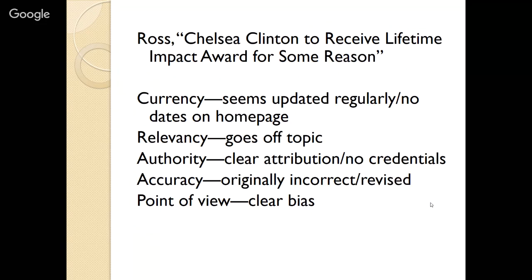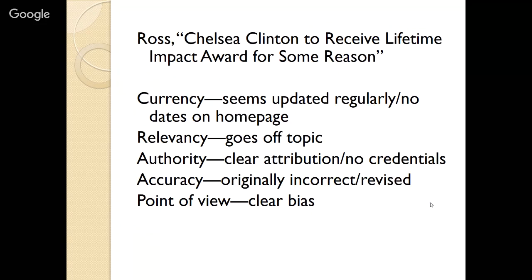Okay, so the currency of this, it seems to be updated regularly, or at least the website is, although there are no dates on the homepage. So you can't tell exactly when the information was posted, but it seems to be updated on a regular basis. So the site itself seems to be current, although it's a little difficult to verify that.